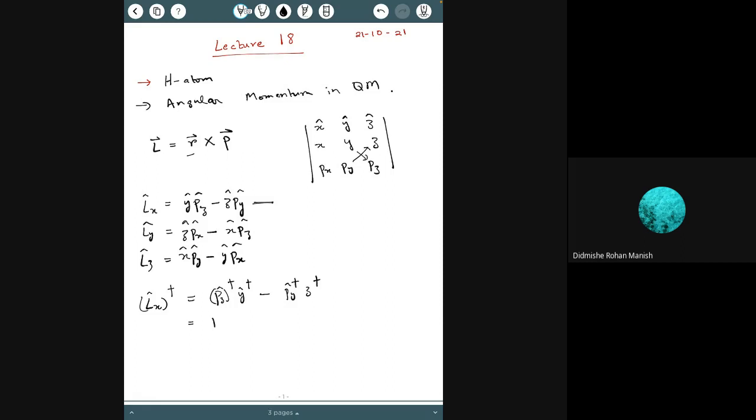So we get pzy minus pyz. Notice that this is the z component of linear momentum multiplied with y. So pz and y commute. We know that. So we can write this as ypz.